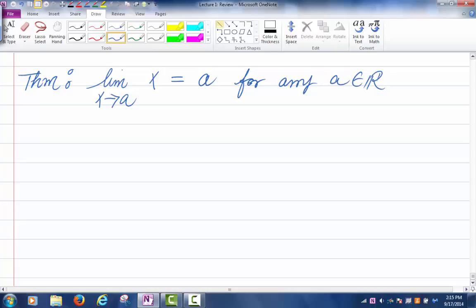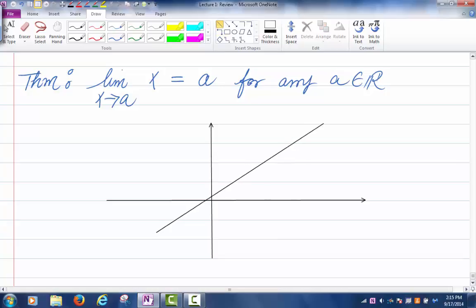In this case, we also know the graph. Notice that the graph in this case would be a straight line, right? And this is the line y equals x. So if I pick a number a, then what's the height of the graph at a?